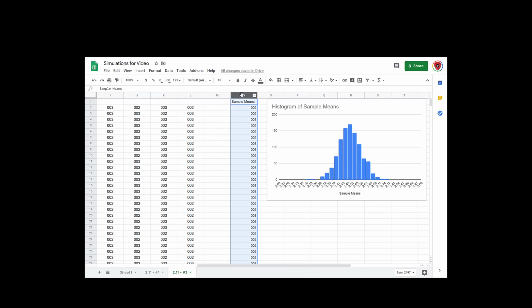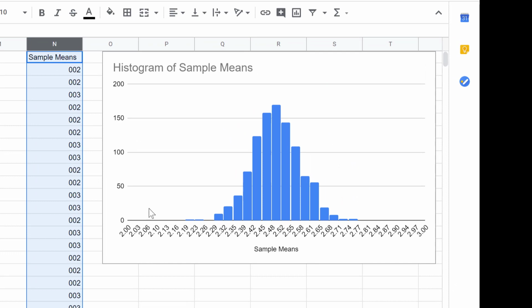So again, this column here is the sample mean. I've taken each one of these rows and computed the mean of every row, and I've generated the sample means for the samples of size 24. And here is the histogram of those sample means. If we look at this graph, you can see that it does appear to be normally distributed.